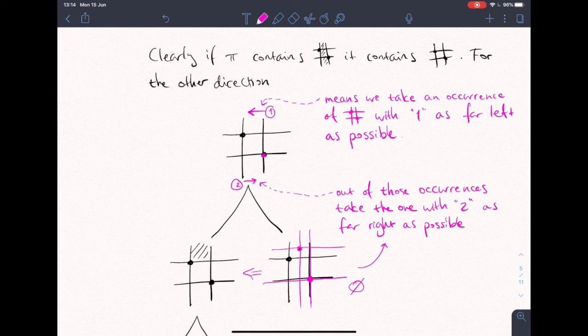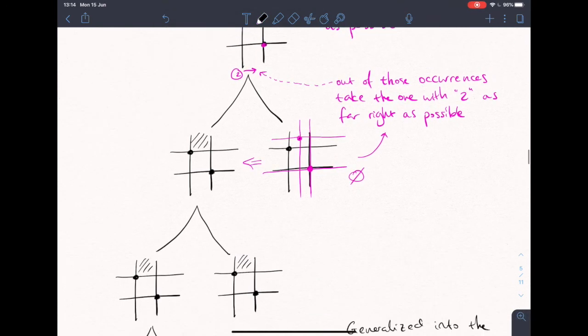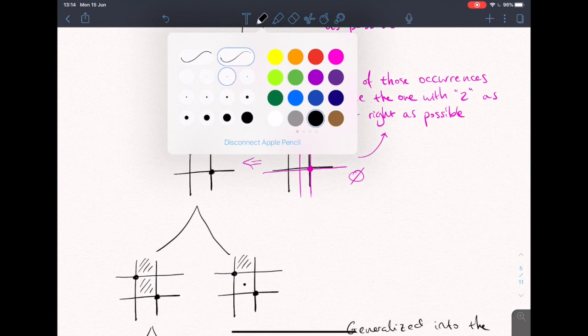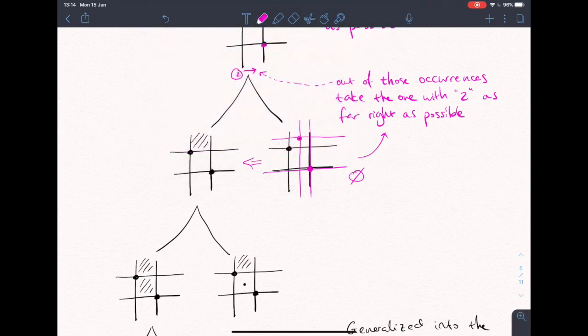And again, we can split into 2 cases, depending on whether this region is empty or contains a point. Well, now we have another occurrence of 2, 1, this one, which also violates the force condition. Now, this point is further to the left than should be possible.